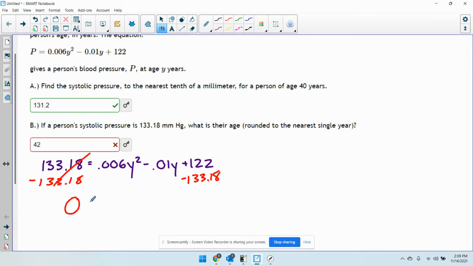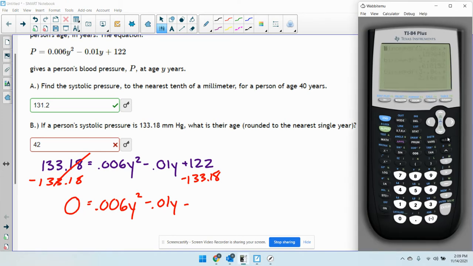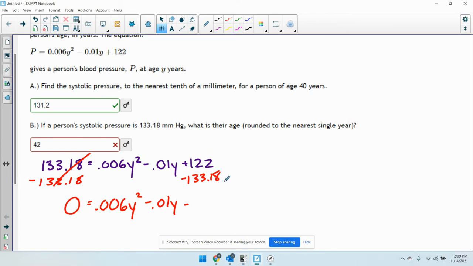So I have 0 equals 0.006 y squared minus 0.01 y minus, so we'll do 122 minus 133.18, negative 11.18.